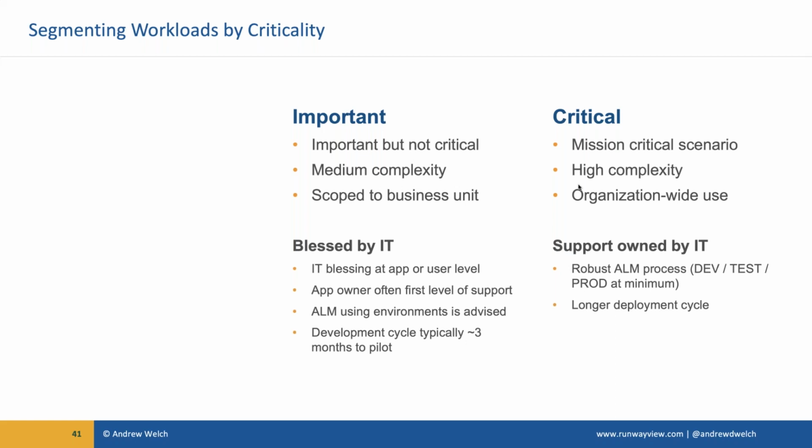So IT might certify and say, this is a citizen developer who we are comfortable with building important applications, or they might review the application directly, but they might not support the application directly on a day in, day out basis. These generally we recommend an automated ALM process, but there are some caveats to that, and I'll talk about those in a moment.